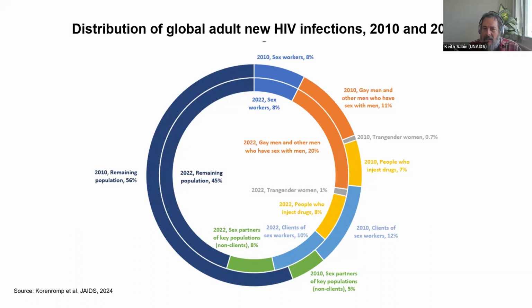And you can see the changing distributions of where new infections are occurring. So we're seeing globally this shift toward gay men and other men who have sex with men, and much of that change is coming out of what we refer to as the remaining population. That's men and women with no known or no reported risk. But even with this, we see very different experiences when we look at the data regionally.